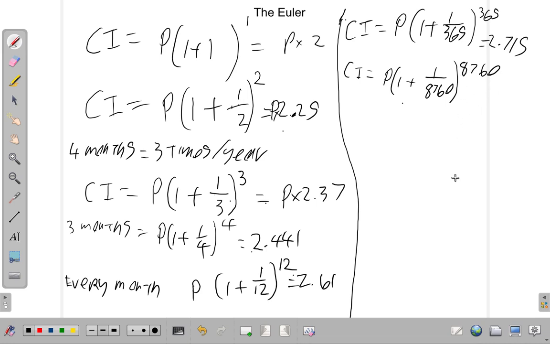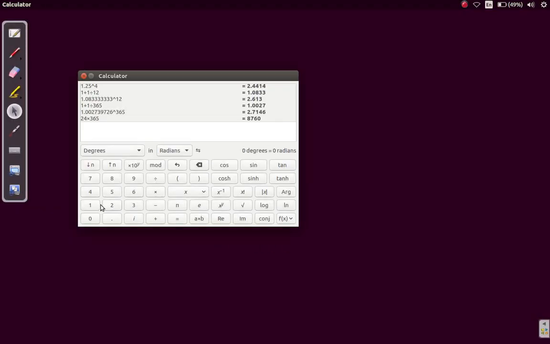So let's see what number this will yield. It's 1 plus 1 divided by 8760, and that is raised to the power of 8760.